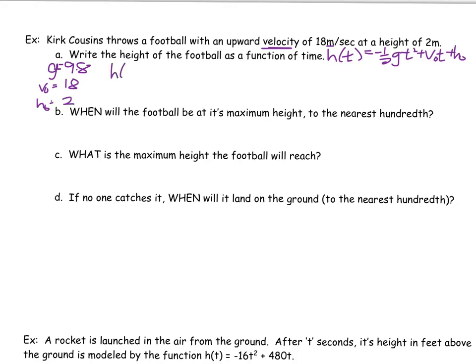So h of t equals -1/2 times 9.8 times t squared, plus v sub o, which is 18, times t, plus h sub o, which is 2. From here, really all we can do is simplify that fraction. Negative 1/2 times 9.8 is negative 4.9.